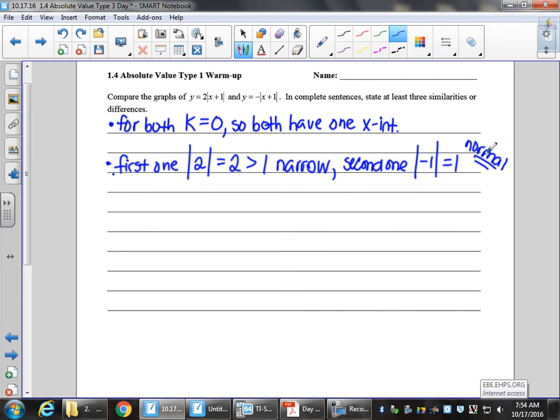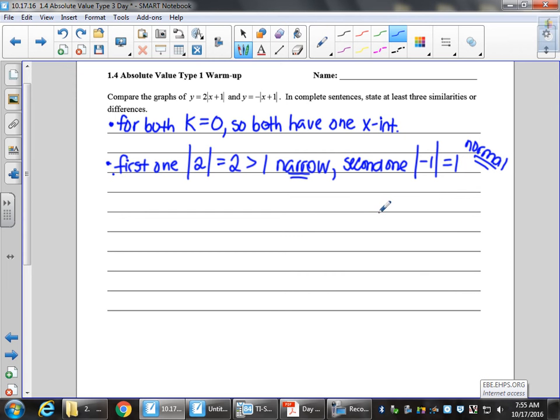Meaning it's not more narrow and it's not more wide. It still matches the width of the original parent function. That's the definition of normal. You could basically say the second one has the same slope as the parent function.